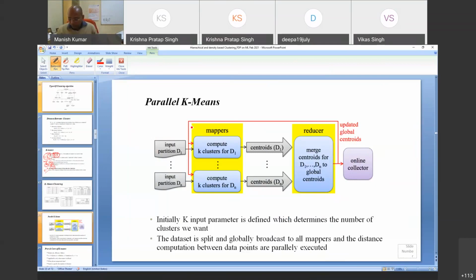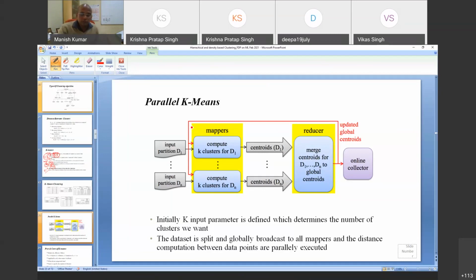This is important because, normally, as I told you, k-means is not good for large data or big data. But the easiness of execution of k-means gives you some enthusiasm: why not parallelize this k-means?